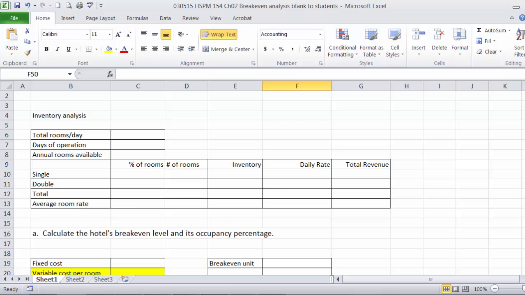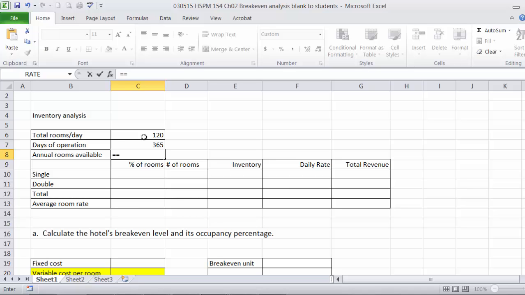So what's the total number of rooms we have? It's 120 rooms, right? Okay, so we enter 120 rooms. How many days do we operate? Okay, 365. Then how many rooms are available the whole year? We multiply these two together.